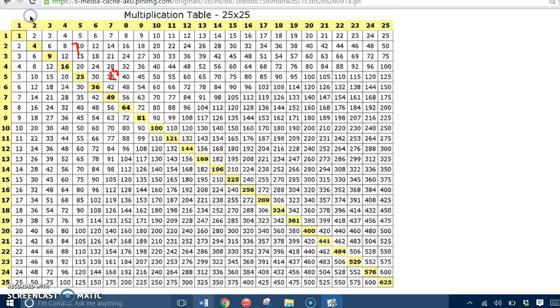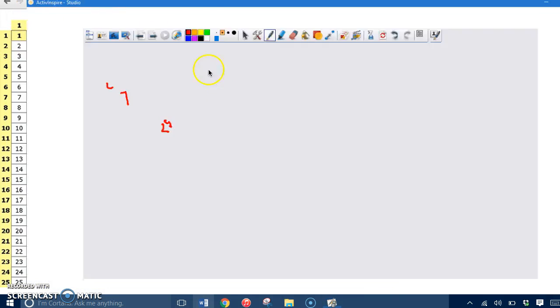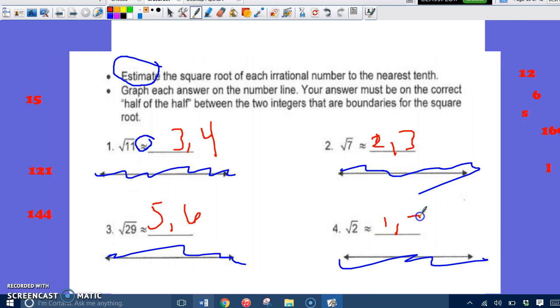And 2 would fall here, so in between 1 and 2. 1 and 2. And that is it, my friends. That's as easy as we're going to make it for you when we're estimating square roots.